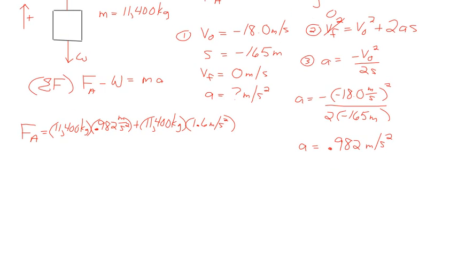If you work that out, hopefully you get the number that I gave, with all of the 5 numbers, just because of the numbers that we used here. 29,435 newtons.